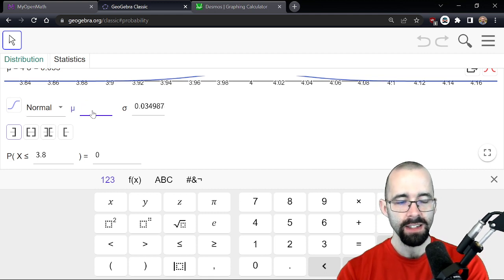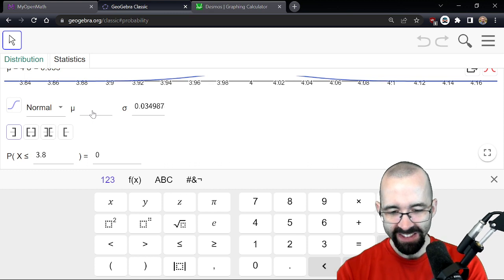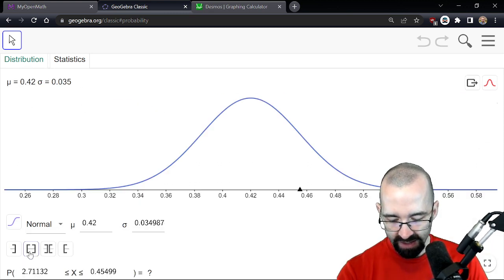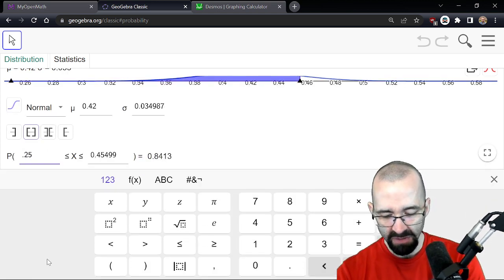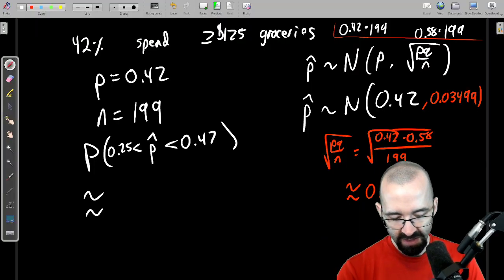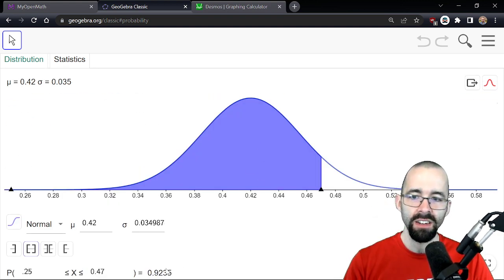And the mean, what was the mean again? 0.42. What's the probability that we're between? So we're going to click this icon. 0.25 and 0.47. Were those the numbers? Yeah, they were. We can visually see it up here and get the answer down there.